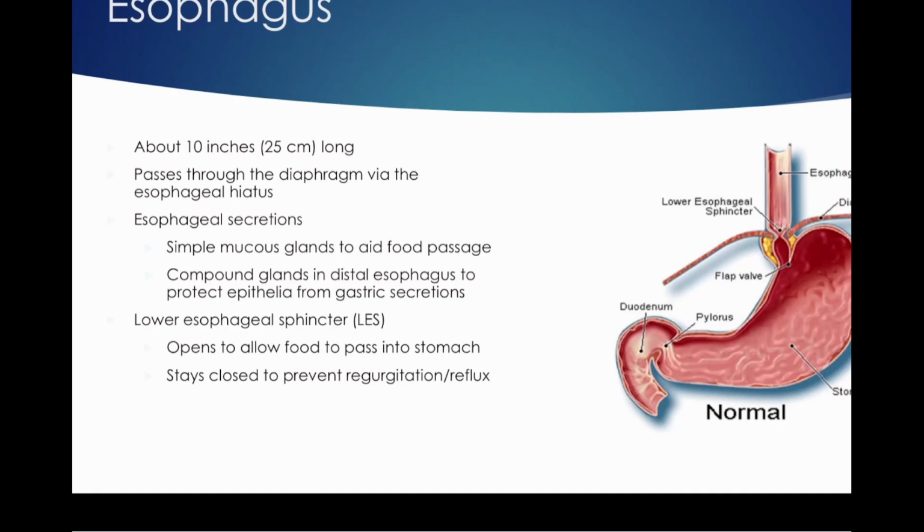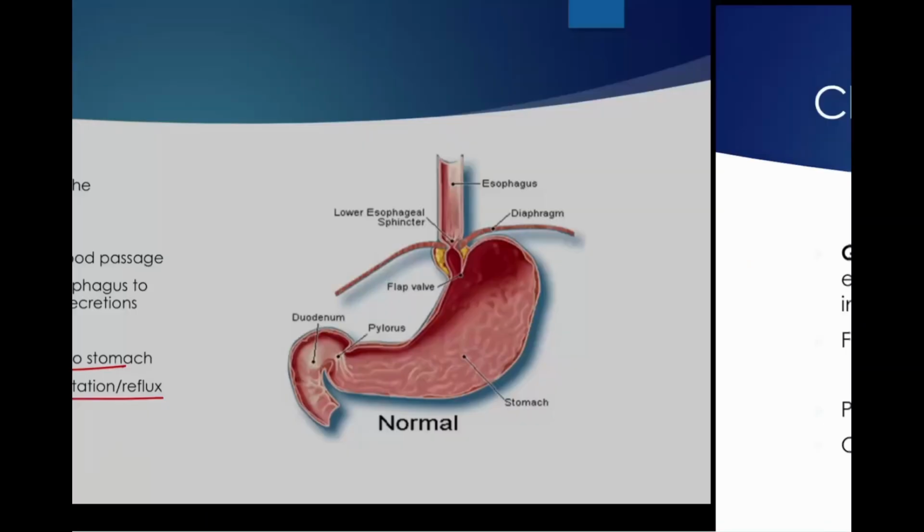down. The lower esophageal sphincter opens to allow food to pass into the stomach, and in the normal situation stays closed to prevent regurgitation or reflux, that acid to leave. So the tone of that lower esophageal sphincter is very important when it comes to acid reflux.